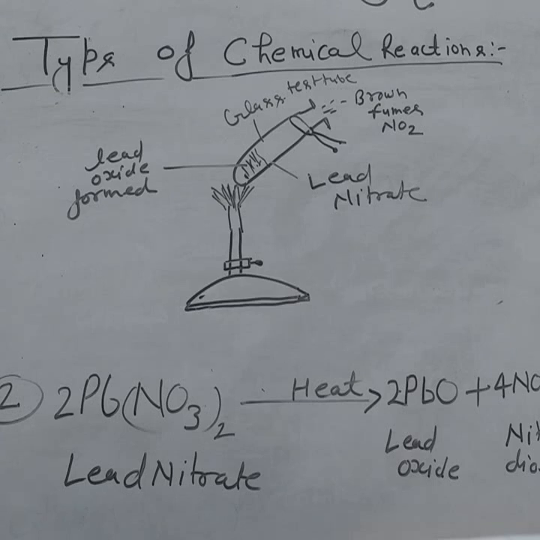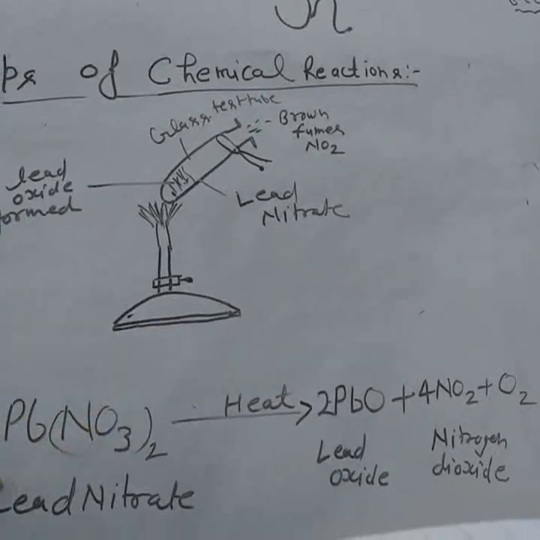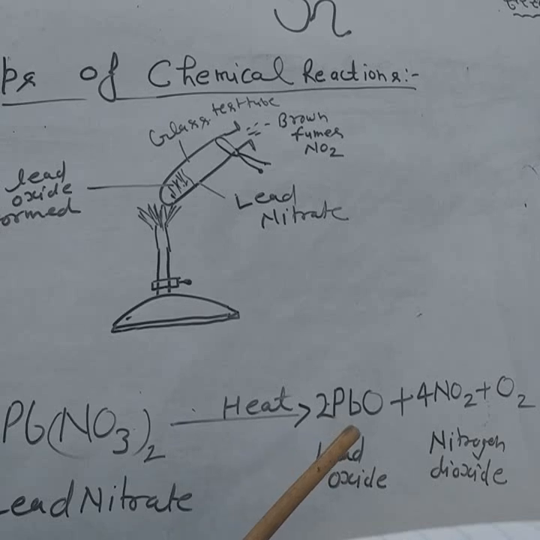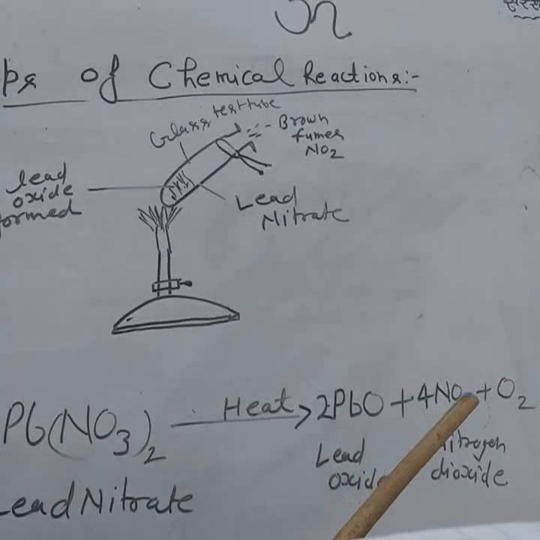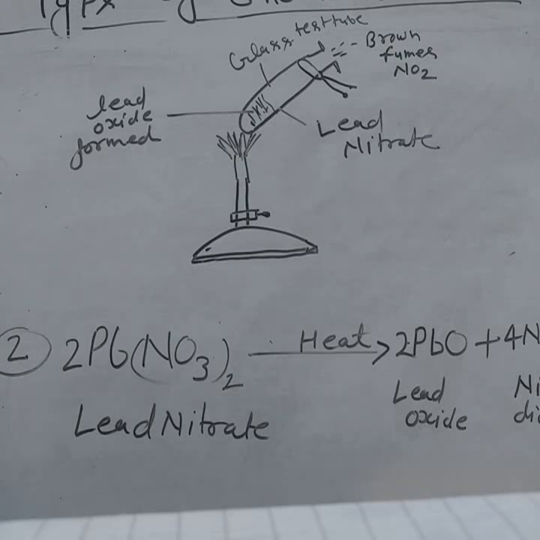This is called oxygen. So in this reaction lead nitrate decomposes to give lead oxide, nitrogen dioxide and oxygen. And this reaction is completed in the presence of heat, so this is called thermal decomposition reaction.